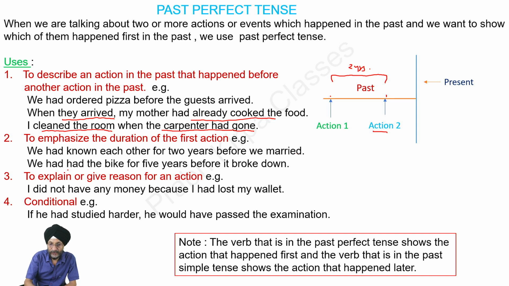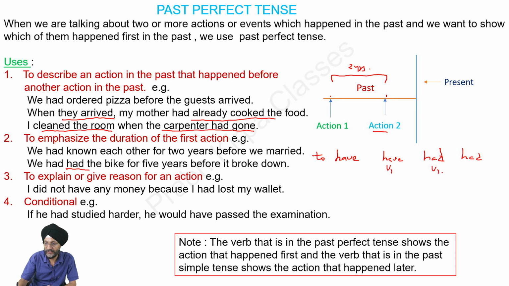Next, you will see we had the bike. This sentence is okay. There is no problem. We have used had in place of the verb to have. Have becomes had.